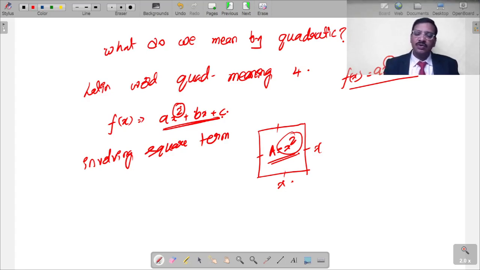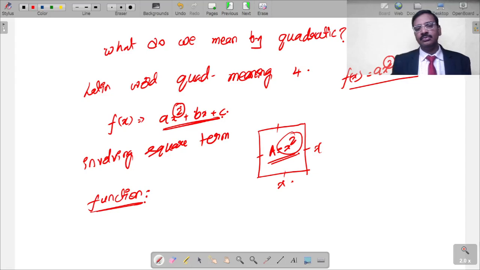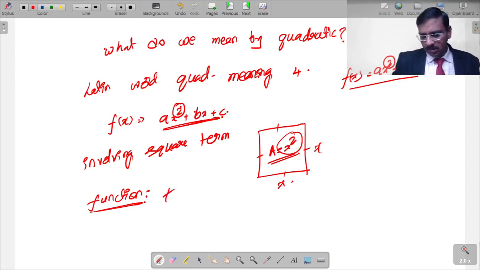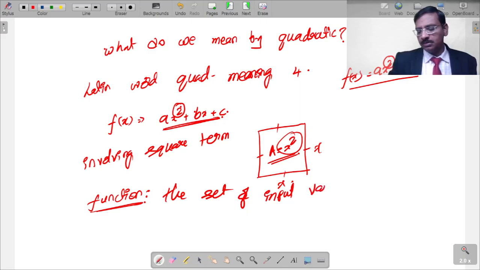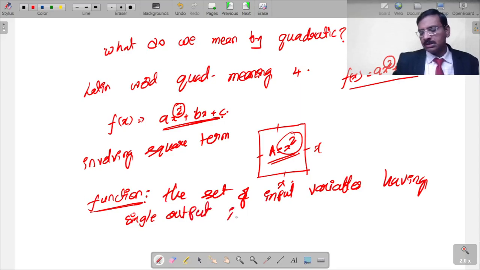Now what do we mean by function? A function by definition is a set of input variables having a single output.